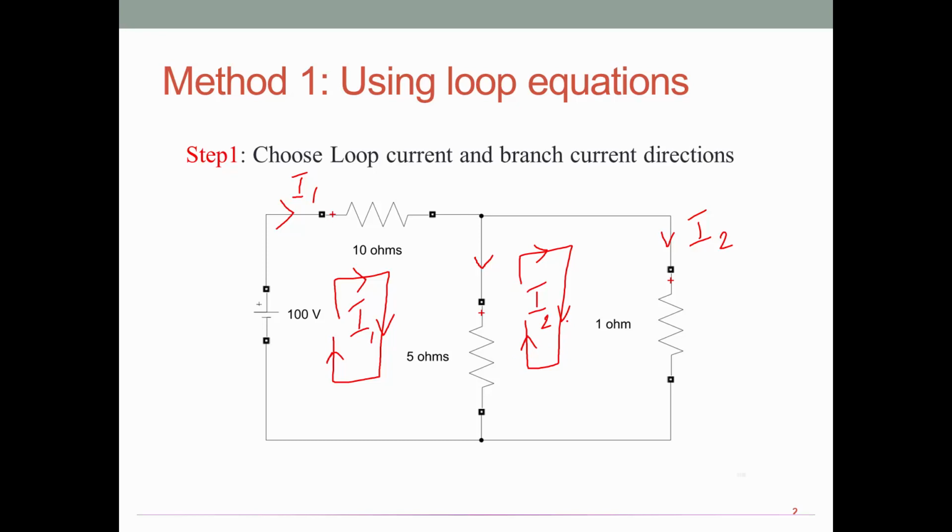I can write here I1 minus I2 as my branch current. You can also choose the upward direction, that is the direction of loop current 2. In that case, you have to take I2 minus I1. However, I have chosen the downward direction, which is I1 minus I2. This is how to select loop current and branch current direction.